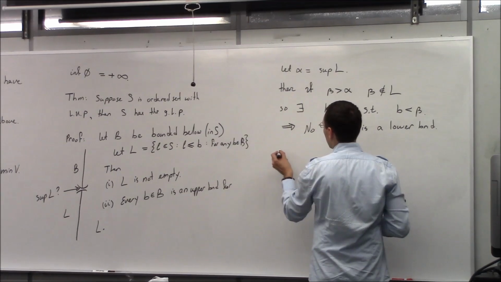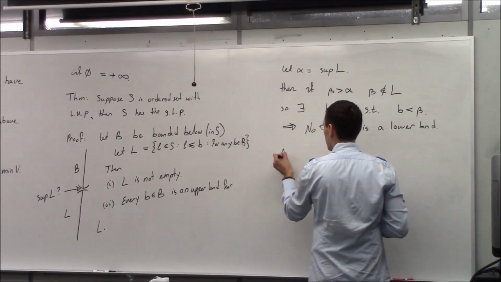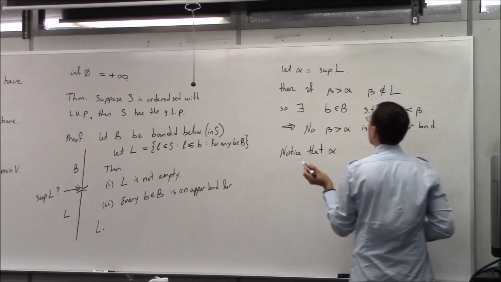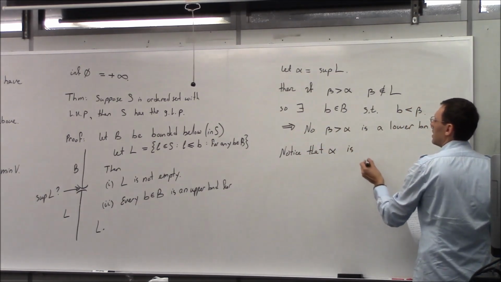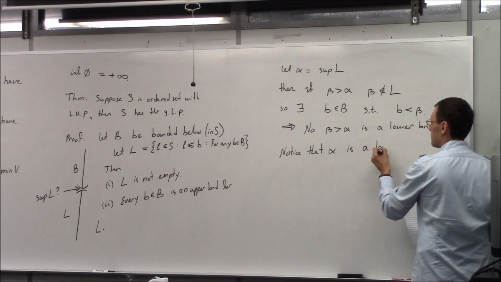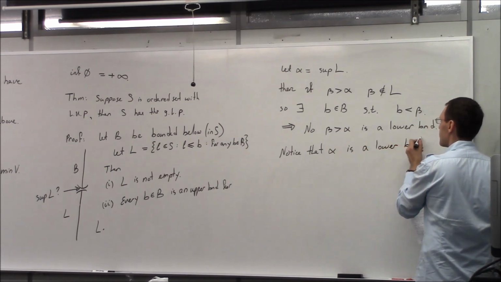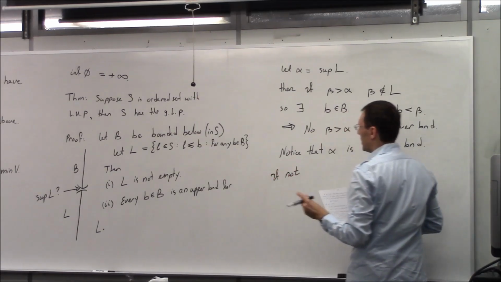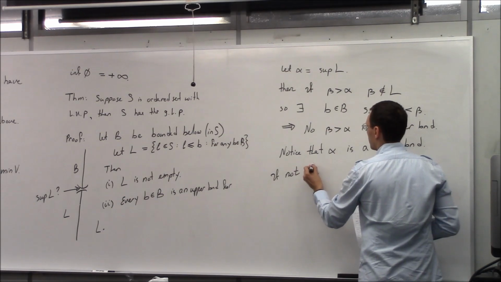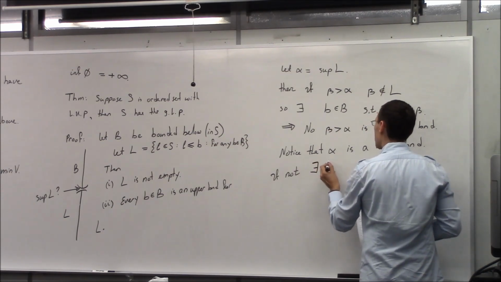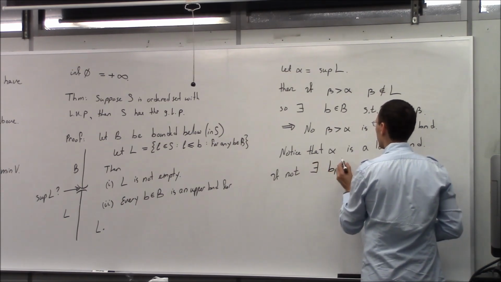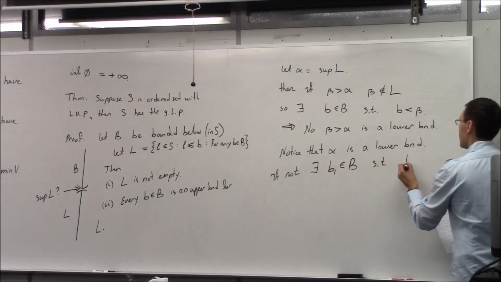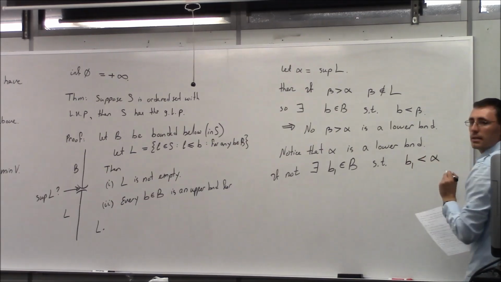Now, on the other hand, we want to also mention that alpha is a lower bound. If not, there will exist maybe v1 belonging to V, such that v1 is less than alpha, right?